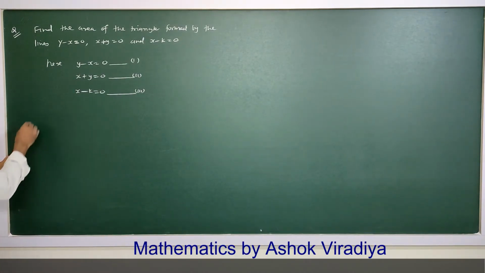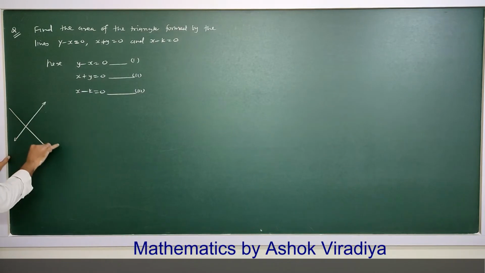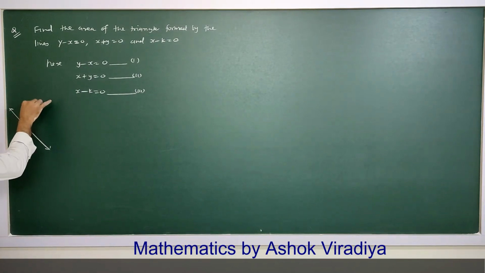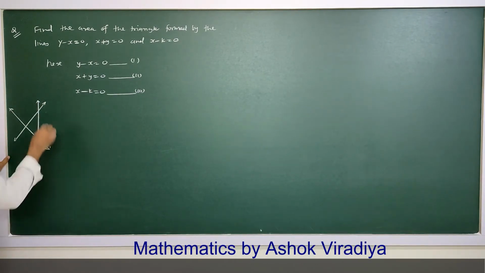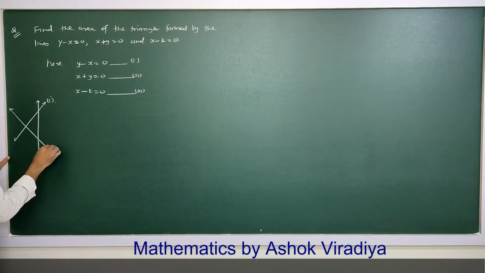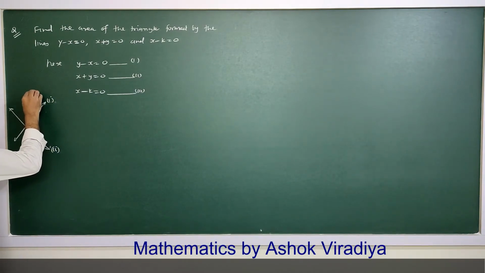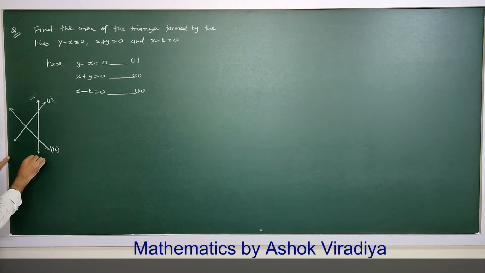So here, suppose this is line 1, this is line 2, maybe this is line 3. The 3 lines are intersecting, line 1, line 2 and line 3, and they are forming vertices.